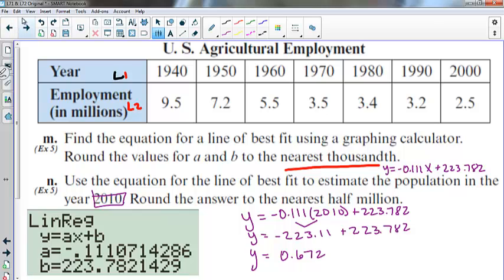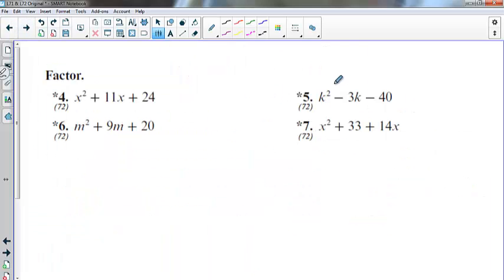Okay. So what I want now is I want to talk about these just a little bit as a reminder. Whenever I am factoring trinomials, first question I have to ask myself is what?